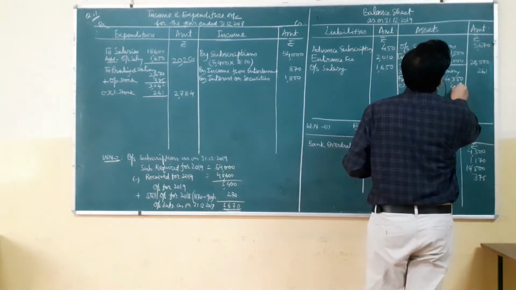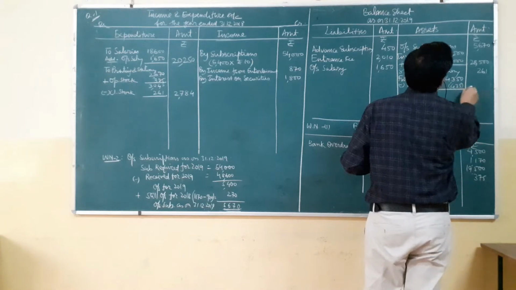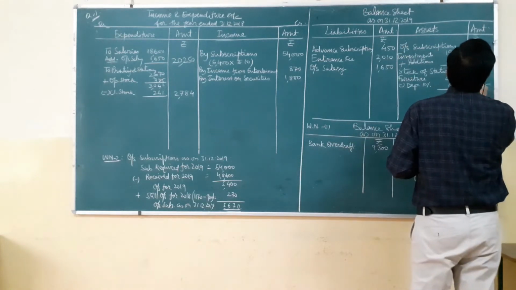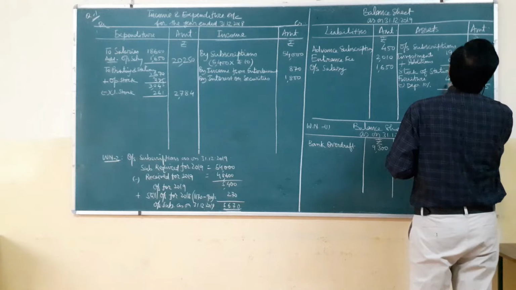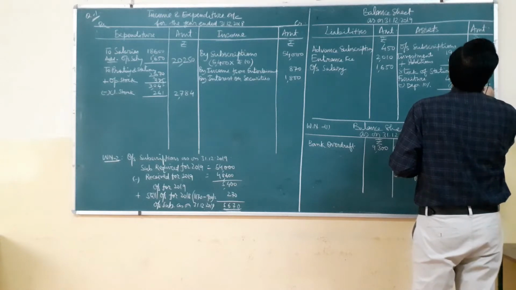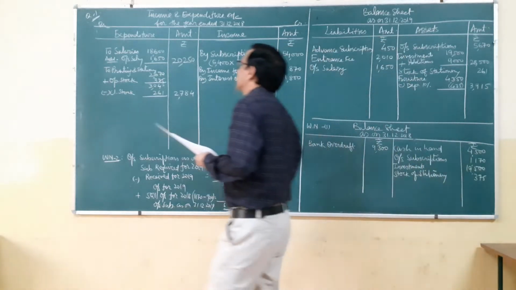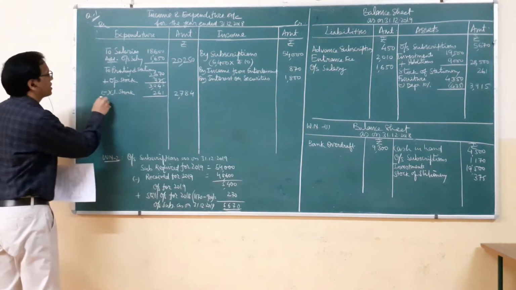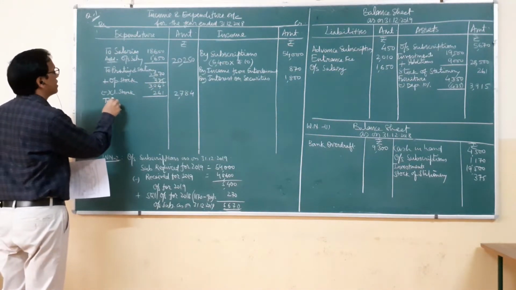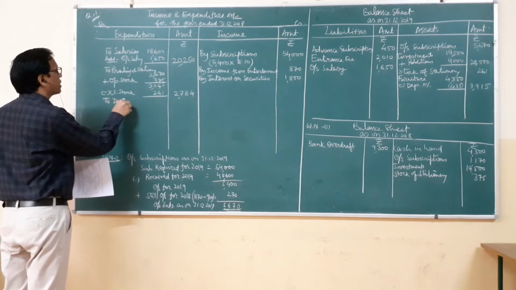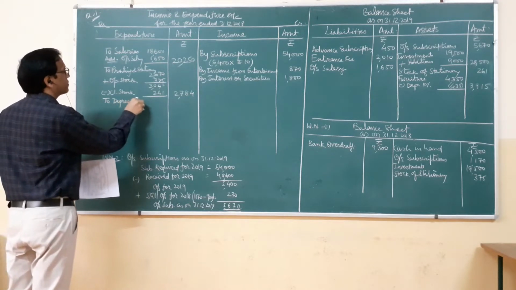It means full year depreciation to be charged. So 4,350 minus 435 is 3,915, the furniture amount, and we take the depreciation on the income and expenditure account on the debit side. Full depreciation on furniture.